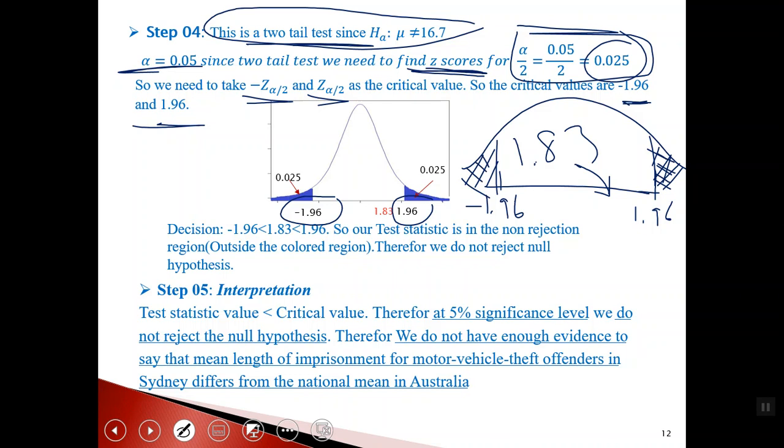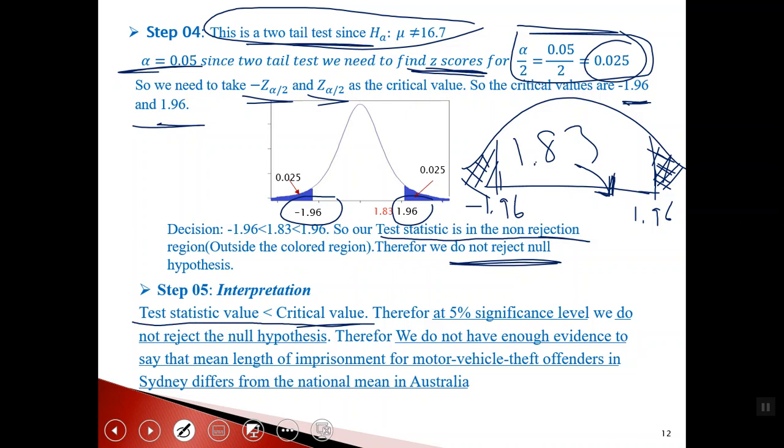But where is that value? Somewhere here. It is in the non-rejection region, right? So your test statistic is in the non-rejection region, outside the colored region. So we do not reject our null hypothesis, which means you can simply say your test statistic value is less than your critical value.